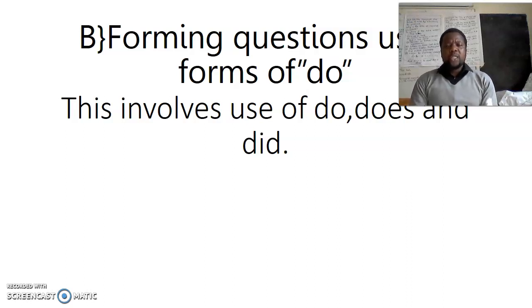Then when do we use these different forms? For us to be able to form correct questions for statements in these forms, it will depend on the tense. Let's look at when we use do and does to form questions for given statements.